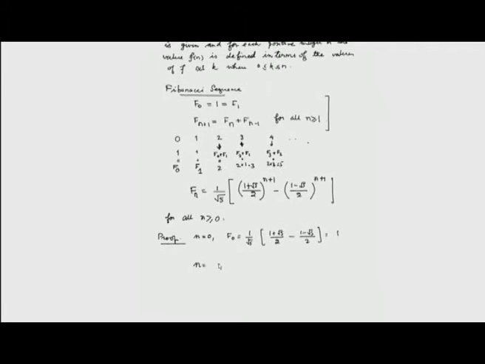For n equal to 1, we have f 1 equal to 1 by square root of 5, and this is 1 by square root of 5 times (1 plus square root of 5 over 2) squared minus (1 minus square root of 5 by 2) squared.